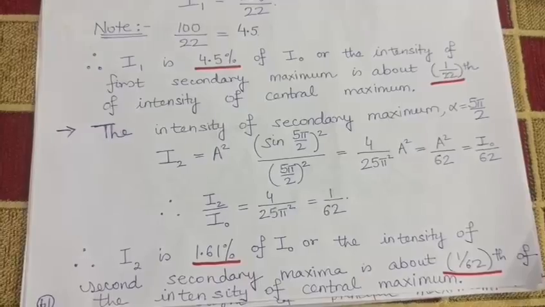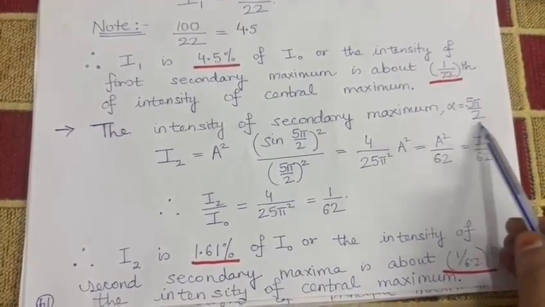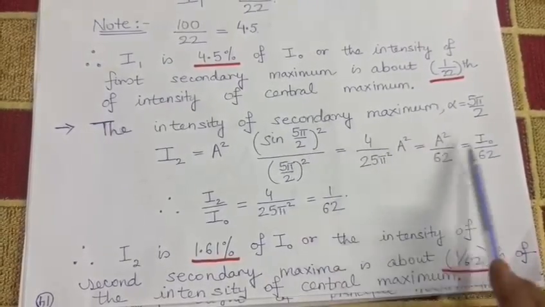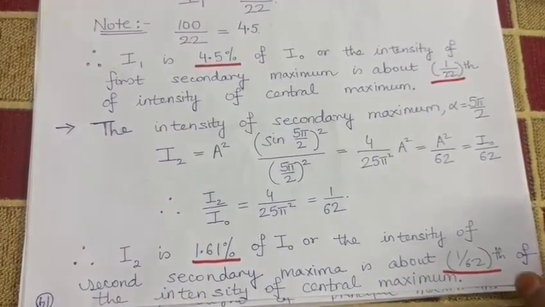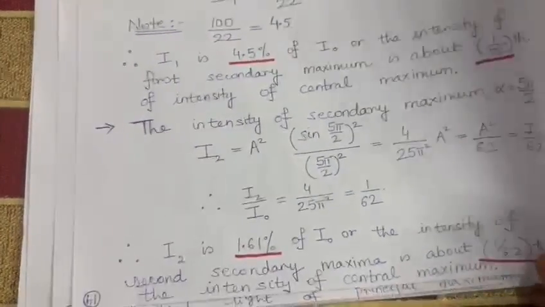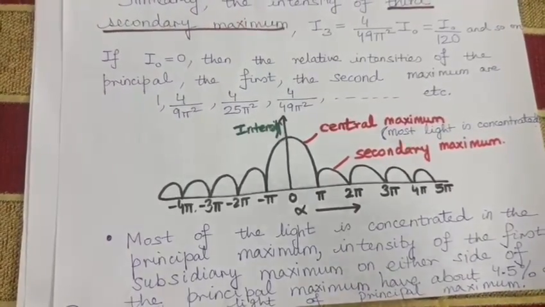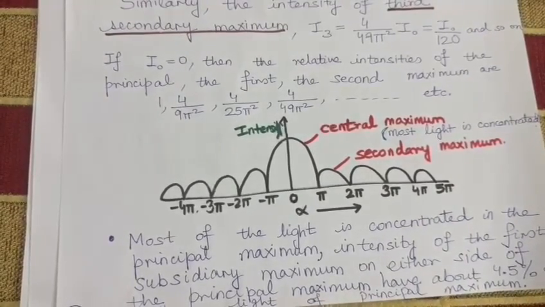And then the intensity of the secondary maximum for 5 pi by 2: we put 5 pi by 2 and we get this value as 1.61%. Next, for the intensity of the third secondary maxima, you again put the value 7 pi by 2.